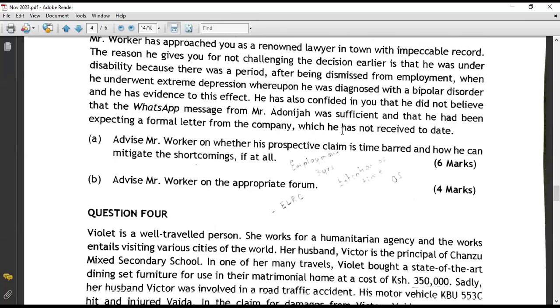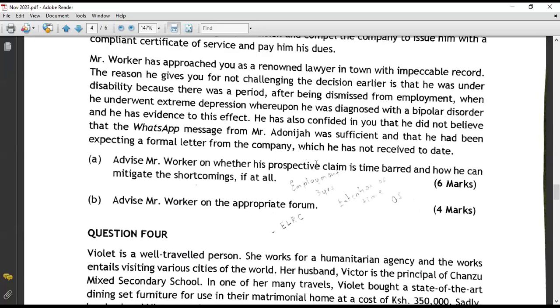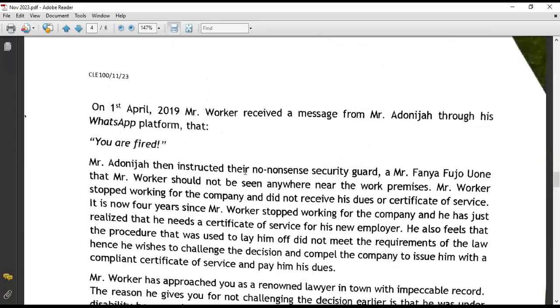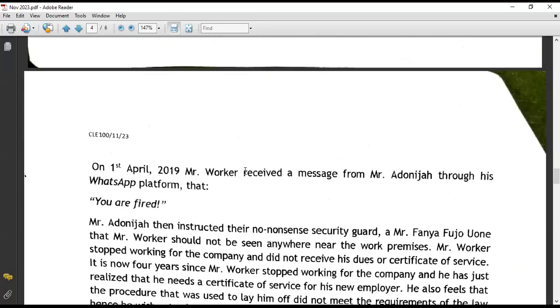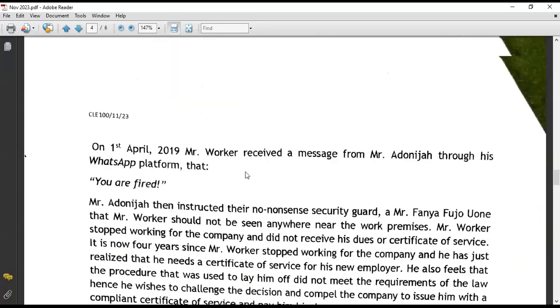Advise Mr. Waka on whether his prospective claim is time barred, and how he can mitigate the shortcoming if at all. So, keywords: whether his prospective claim is time barred, that is a keyword. Then, how he can mitigate the shortcomings. 6 marks. That is question 3A.